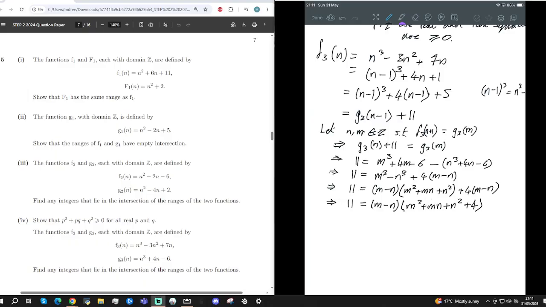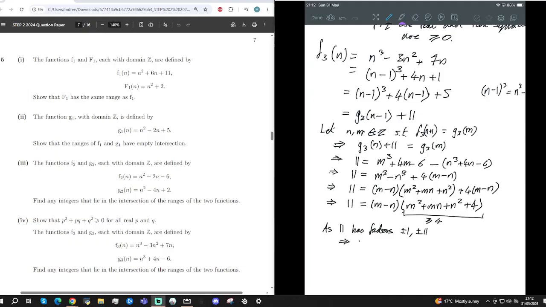The only way to factorize 11 is with 1 and 11, or negative 1 and negative 11, but we know that this bracket here is now greater than or equal to 4, as 11 has factors plus or minus 1, plus or minus 11.